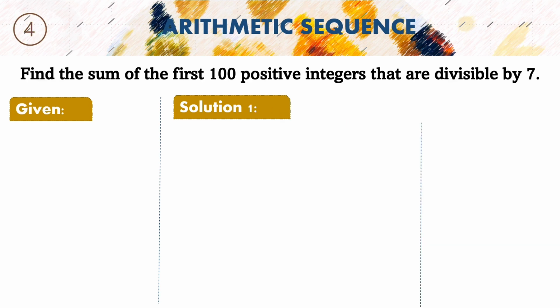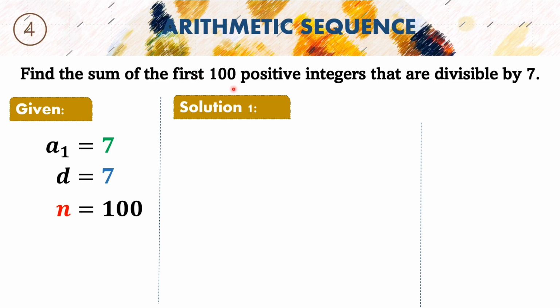Number 4. Find the sum of the first 100 positive integers that are divisible by 7. The given are: the first term is 7, d is 7, n is 100 because we're going to get the sum of the first 100.